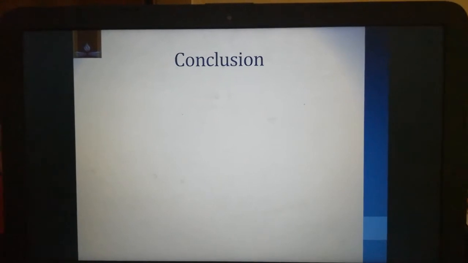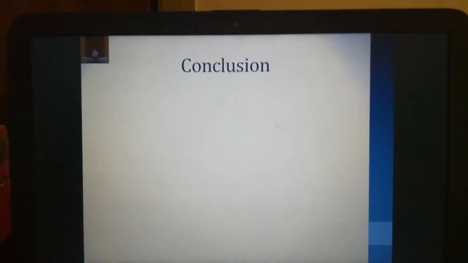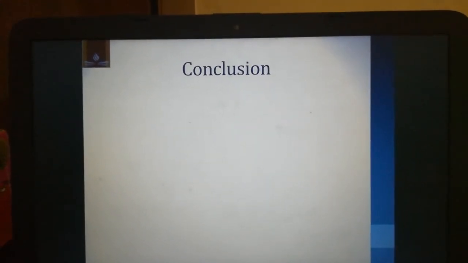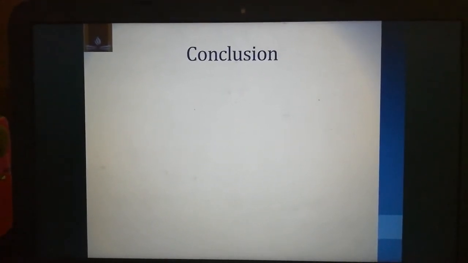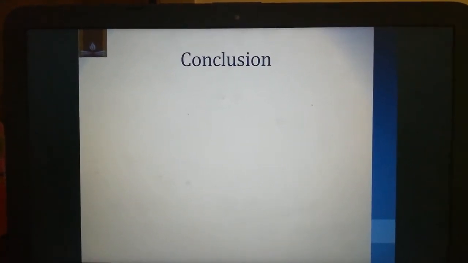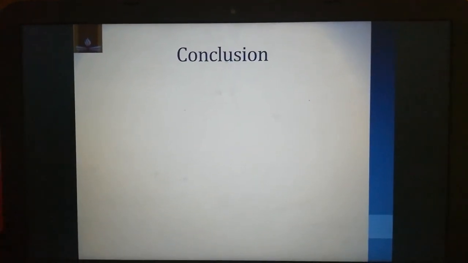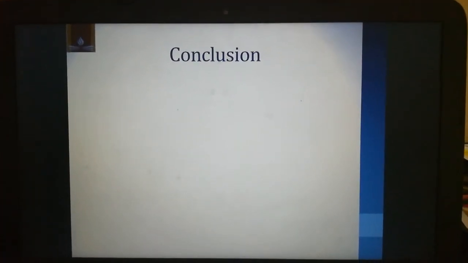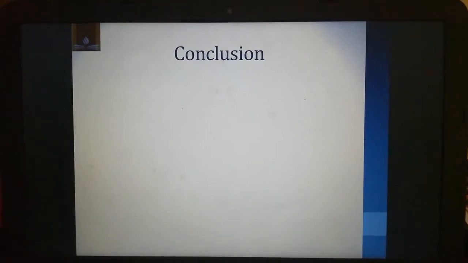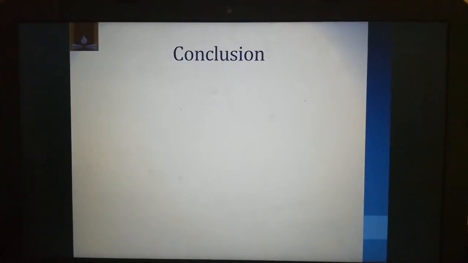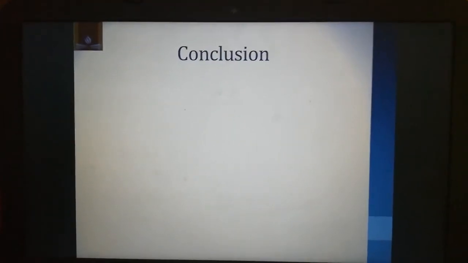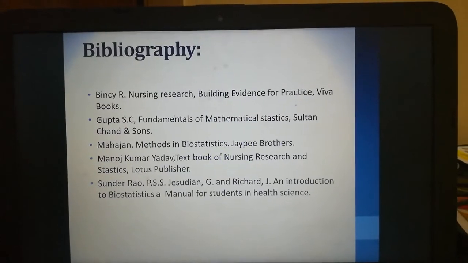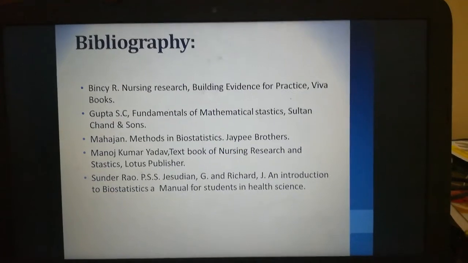So far we have discussed what a bar diagram is and what the different types of bar diagram are: simple bar diagram, out of that horizontal and vertical, then component bar diagram, multiple bar diagram, deviation bar diagram and percentage bar diagram. And for further reference, you can have a bibliography.